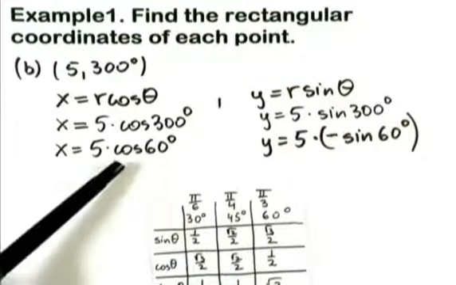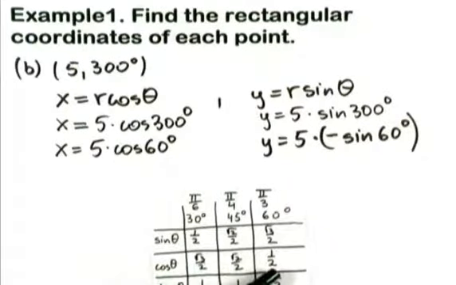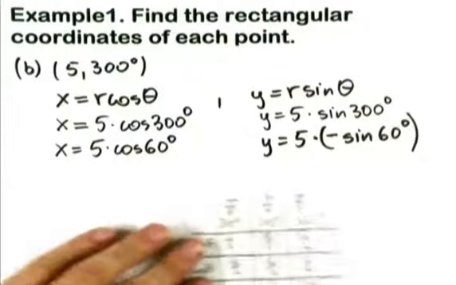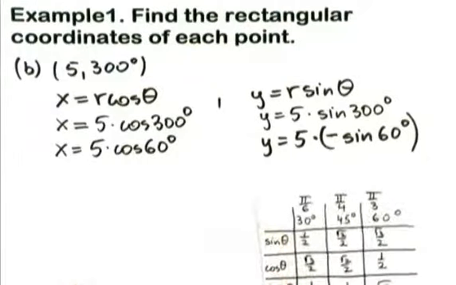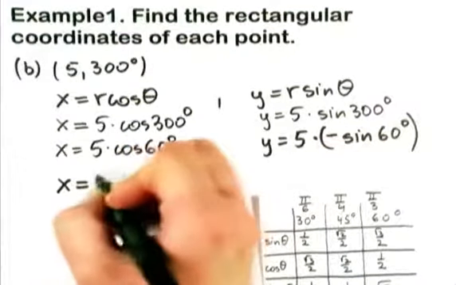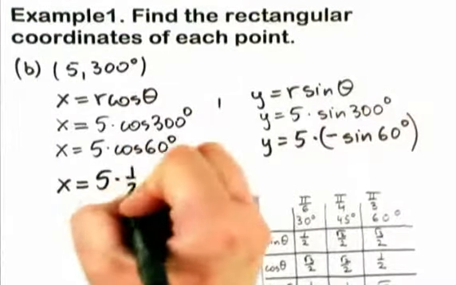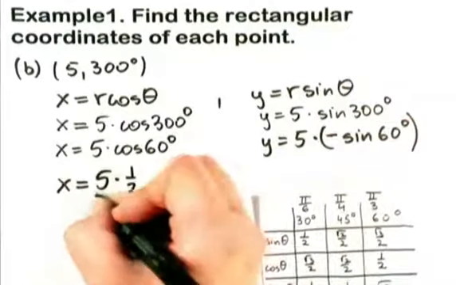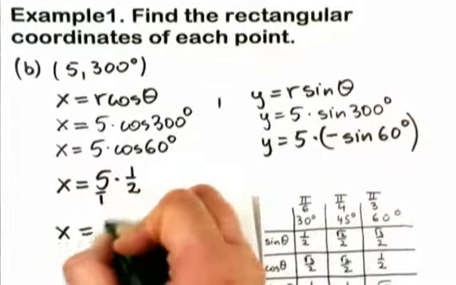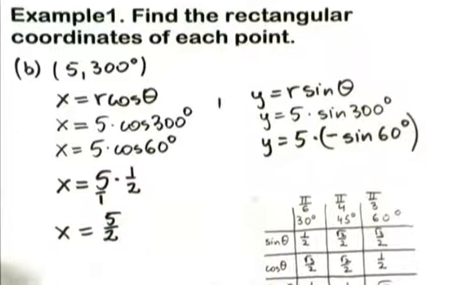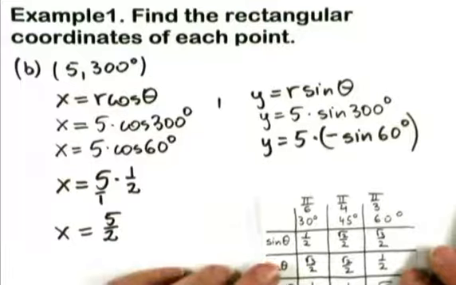We can see that cos 60 degrees is 1/2. So we have x is equal to 5 times 1/2, 5 over 1 times 1/2. So x is equal to 5 over 2. And now sine 60 degrees is root 3 over 2.